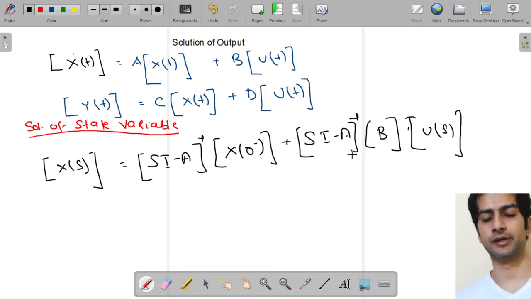This we calculated. Now we have to find the solution of output.